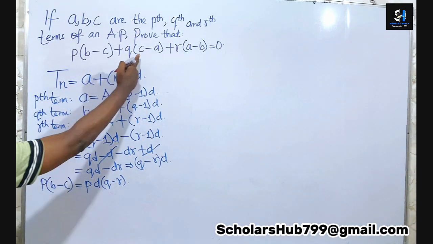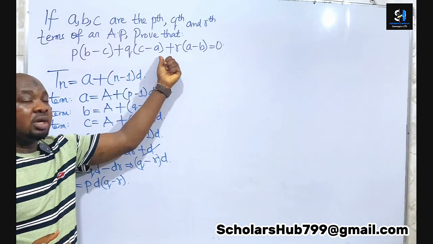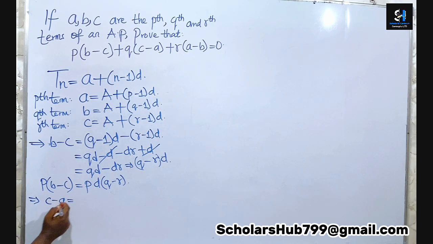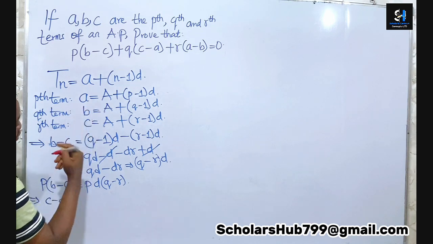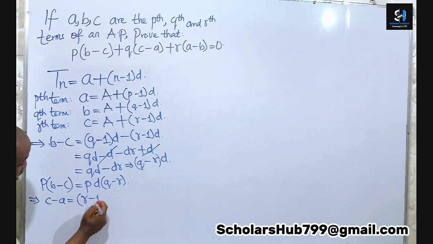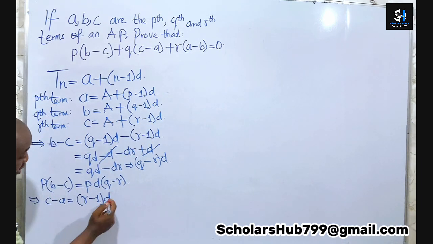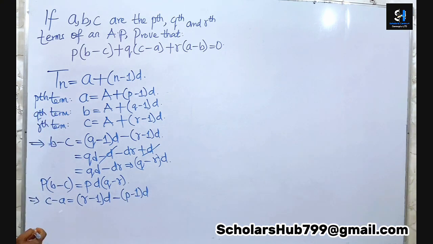Now also I'm going to obtain the expression for c minus a first, and whatever I get, I'll multiply it by q, and I'll do the same with (a minus b) times r. All right, so for c minus a, here we have c and then we have a, so A minus A will be 0. So we have (r minus 1)d minus (p minus 1)d.